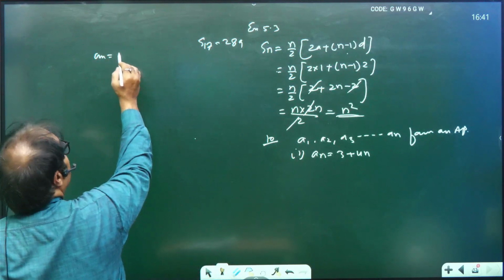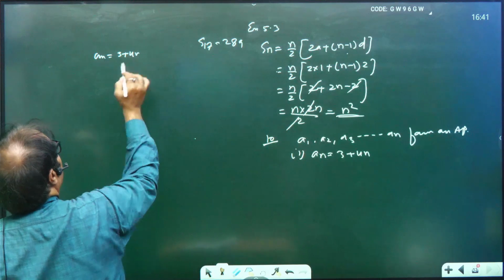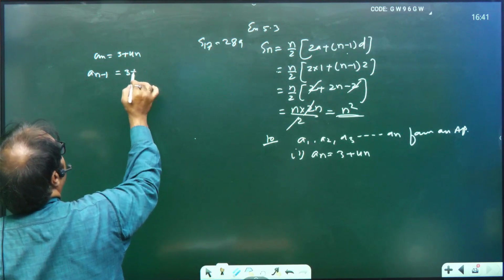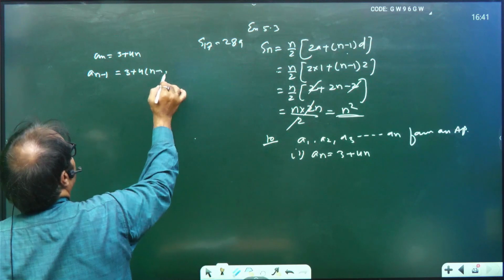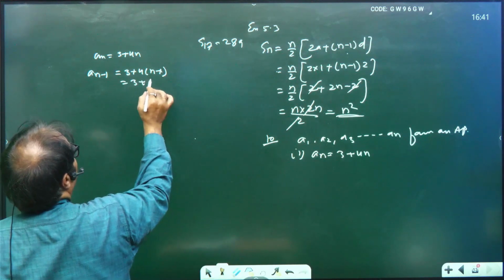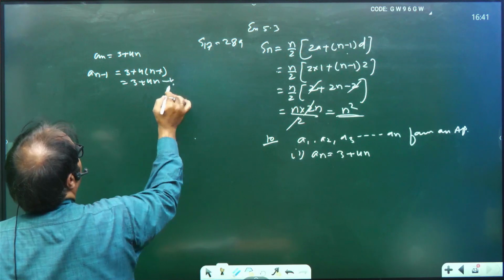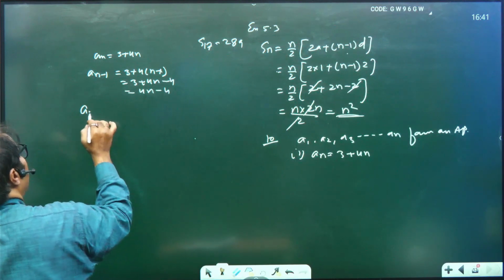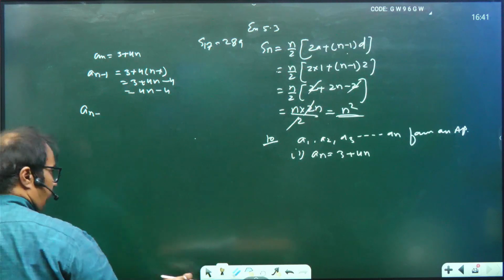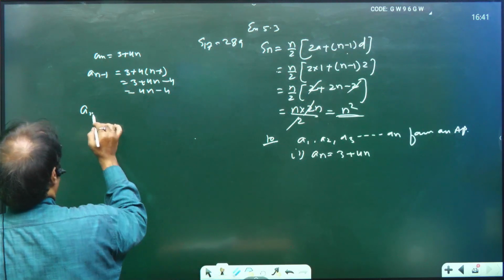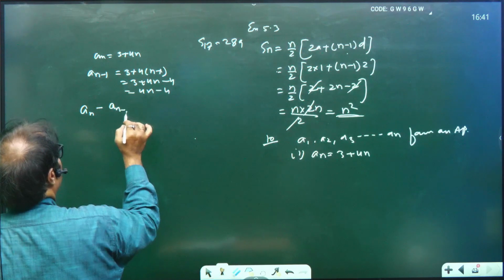an is given as 3 plus 4n. Now we will find an minus 1. So 3 plus 4 into (n minus 1), replacing n with n minus 1. So 3 plus 4n minus 4. And now find an minus an minus 1.